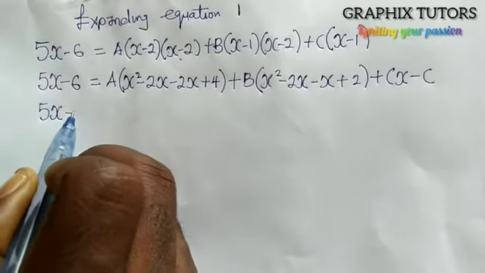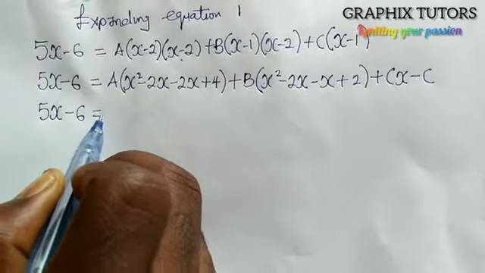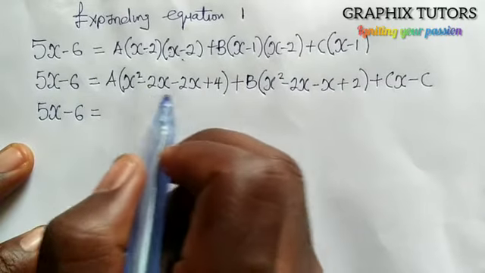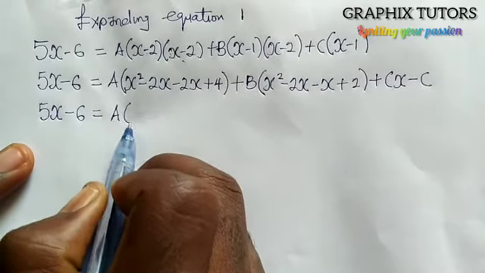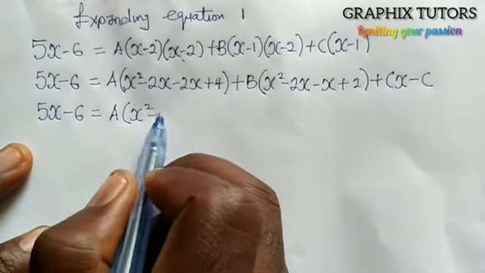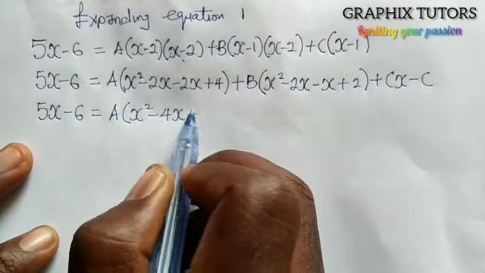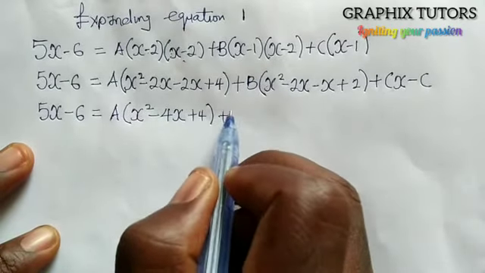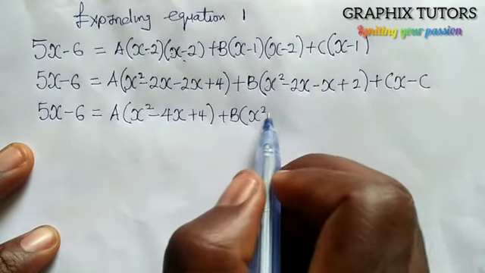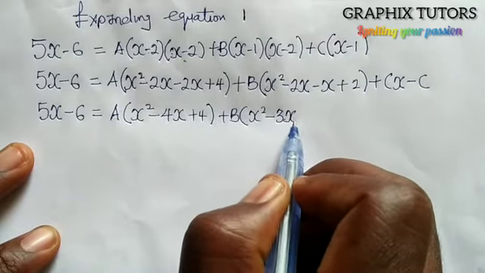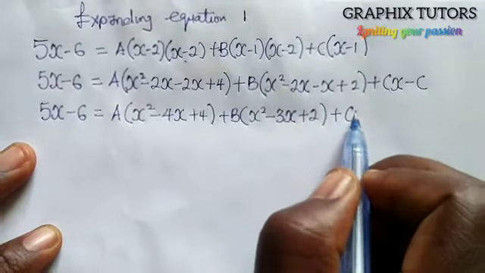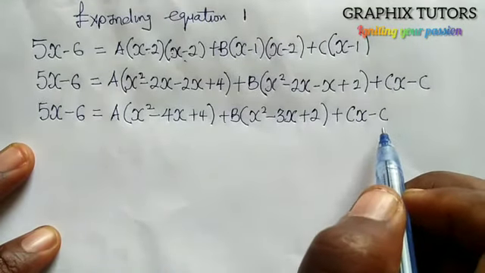5x minus 6 is equal to, now, minus 2x minus 2x will give us minus 4x. So let me just write it out. We'll have a into bracket x squared minus 2x minus 2x, collecting like terms, that will give you minus 4x plus 4, plus b into bracket x squared minus 2x minus x will give you minus 3x plus 2, plus cx minus c, right?